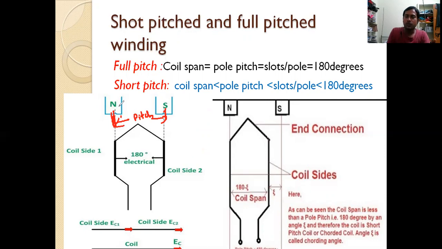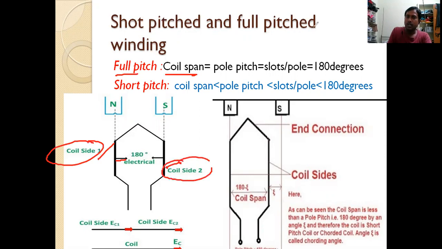These are the poles. That's why the distance between the poles is called pole pitch. Pitch is nothing but the area between the north and south poles. Now the coil span: this is coil side 1, and this is coil side 2, and between them is the coil span.